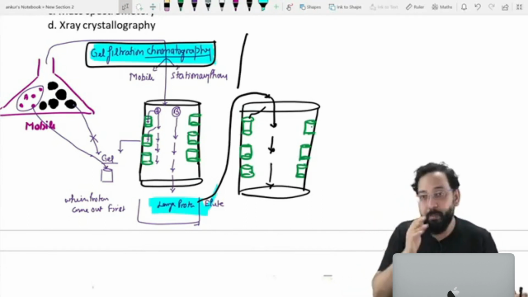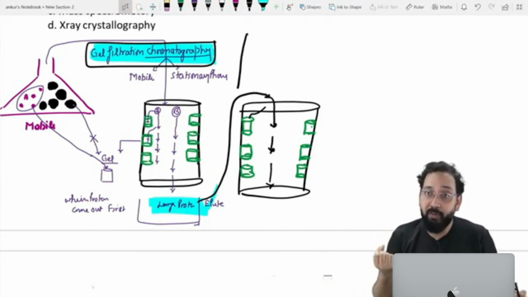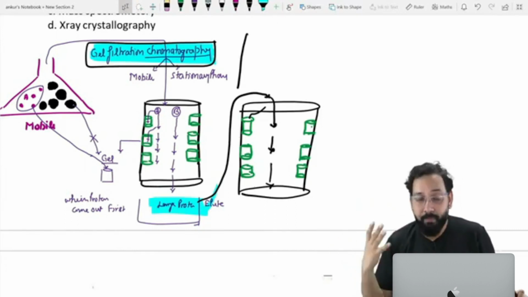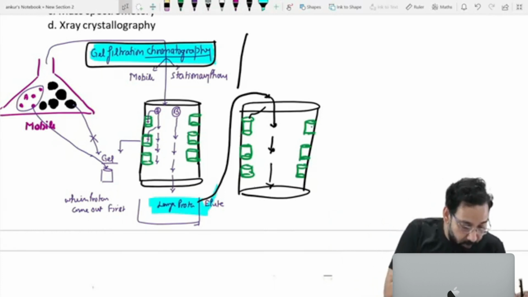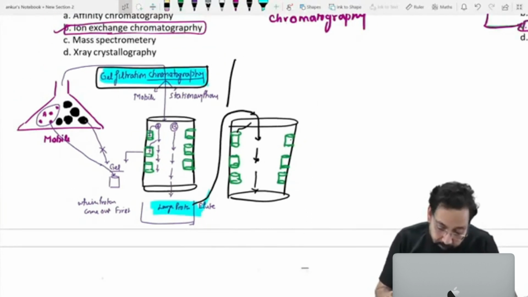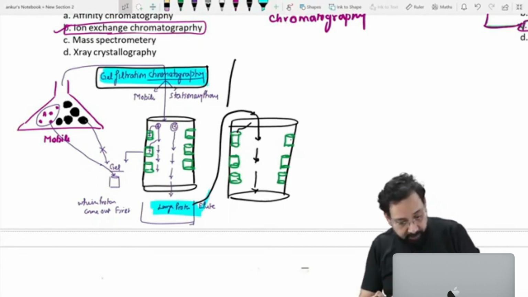Otherwise in the end you will find nothing, because all the solution will be attached to the column. Got the point? Have you understood the concept of chromatography? One is the mobile phase, the other is the static or stationary phase.